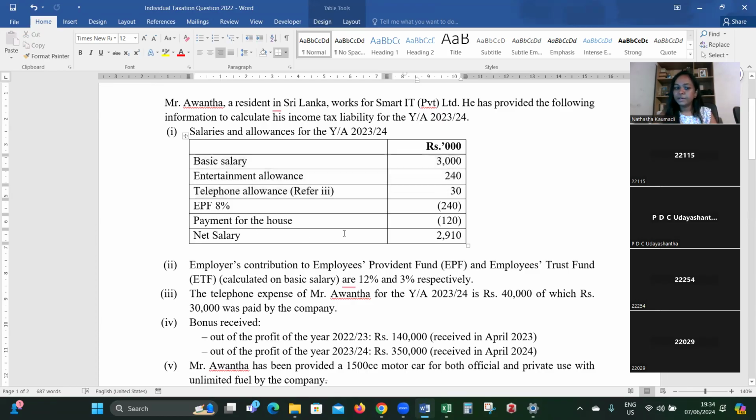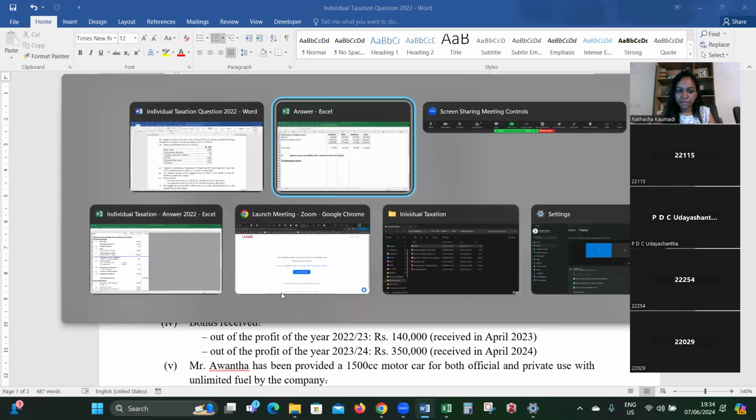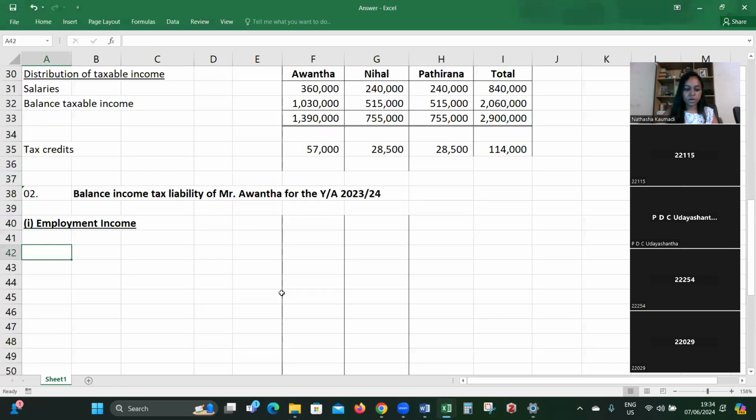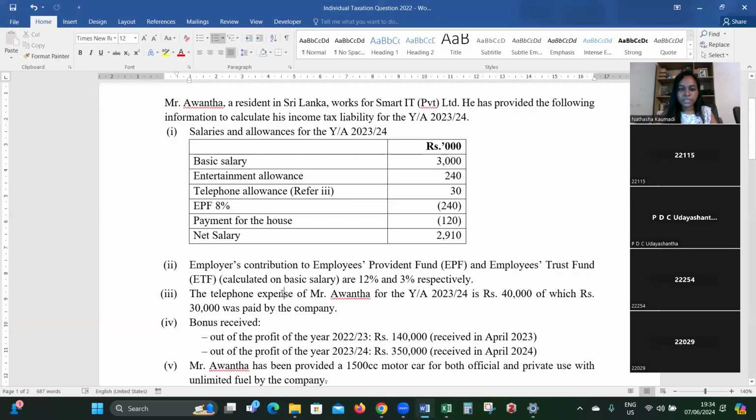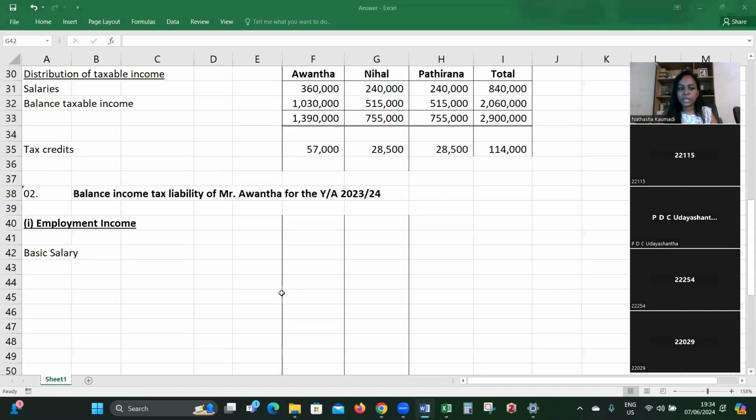Now here we'll start with the basic salary. You have to take the gross basic salary here, before deducting any EPF or anything. Gross salary, how much is that? 3 million. Again, I'm taking rupees.